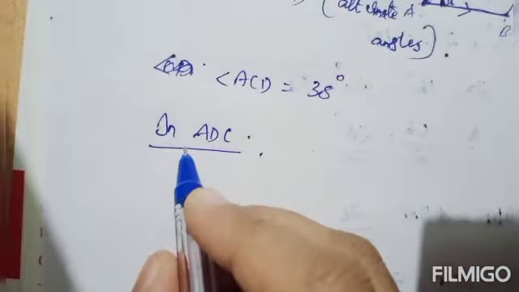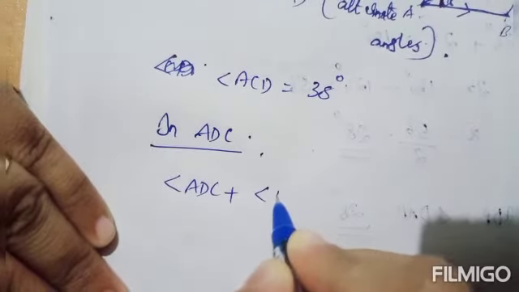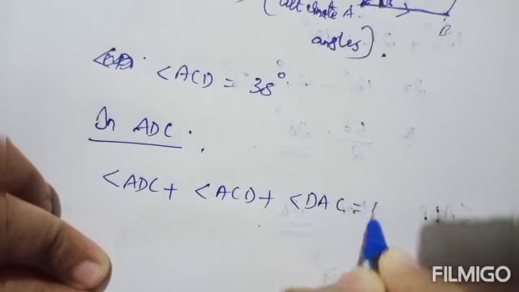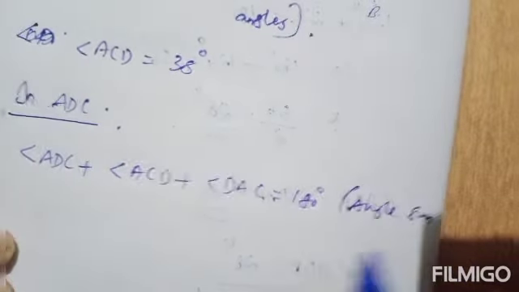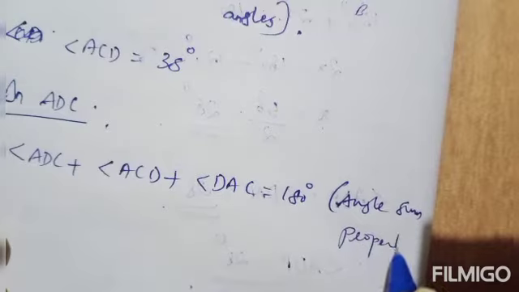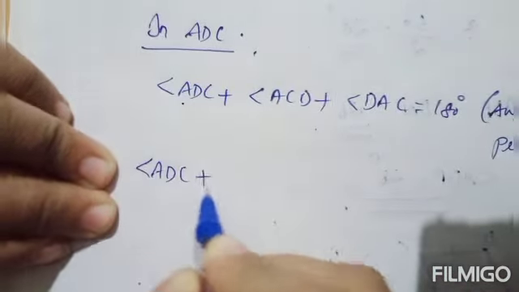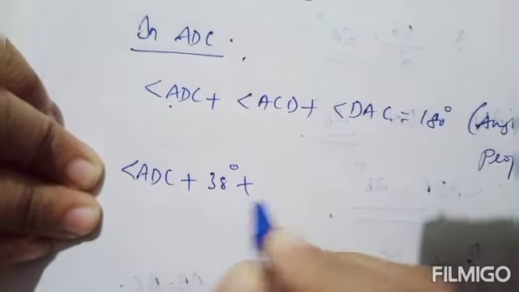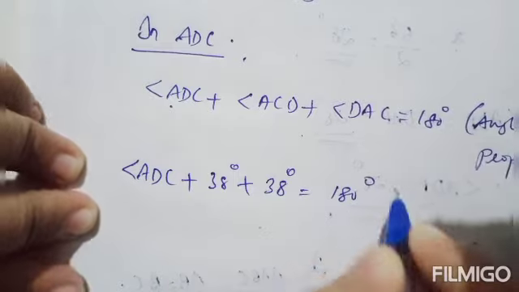So in triangle ADC, angle ADC plus angle ACD plus angle DAC equals 180 degrees by the angle sum property of a triangle. Now angle ADC we don't know. Angle ACD we got as 38 degrees, plus angle DAC is also 38 degrees, equals 180 degrees.